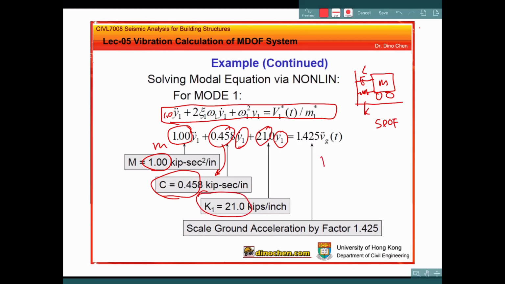So we already know M, C, and K. Finally we need to know the external load. So this is the loading factor, and by the series of data, or we already know in the condition. So we already know the mass, damping constant, stiffness and the external load. So this is the single degree of freedom system.